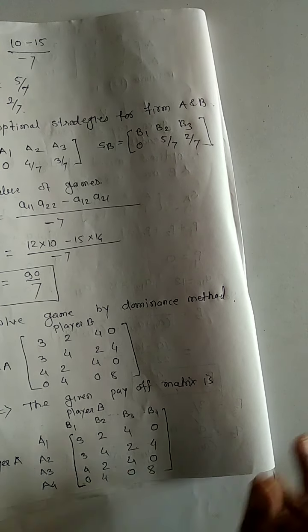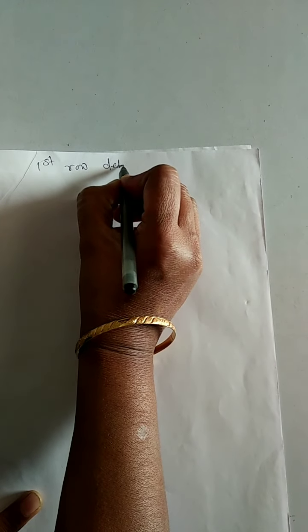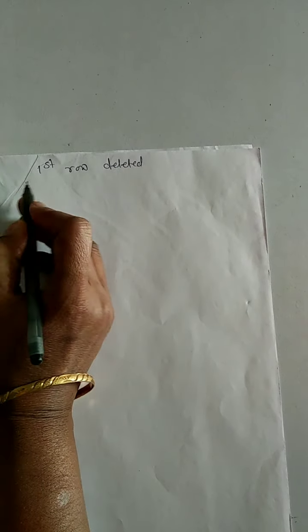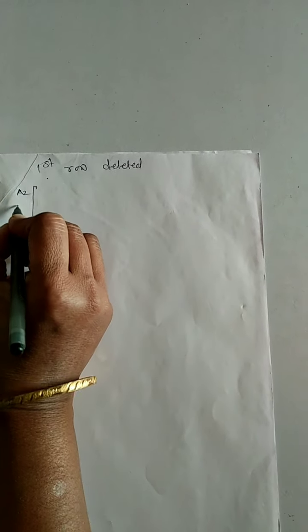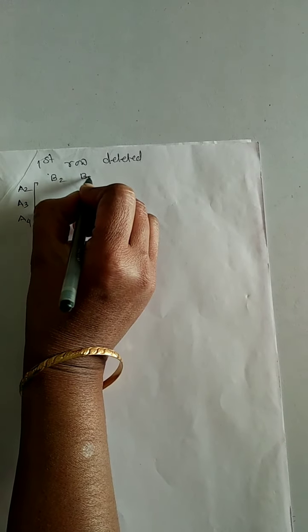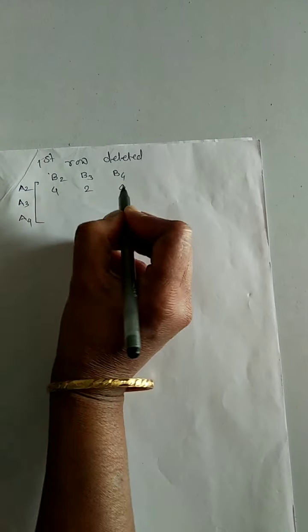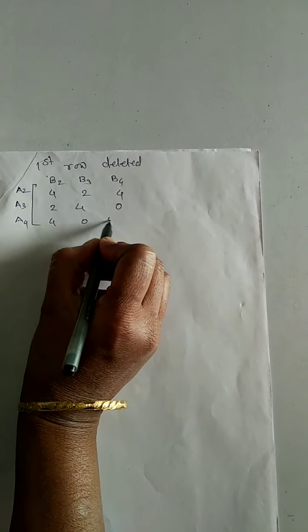Therefore, we delete the first row. Then we get the payoff matrix A2, A3, A4, B2, B3, B4, that is 4 2 4, 2 4 0, 4 0 8.